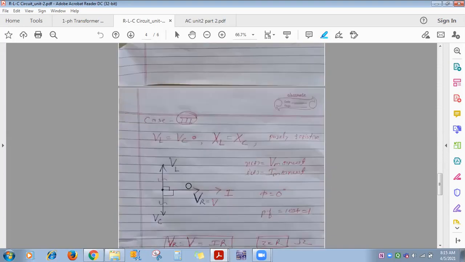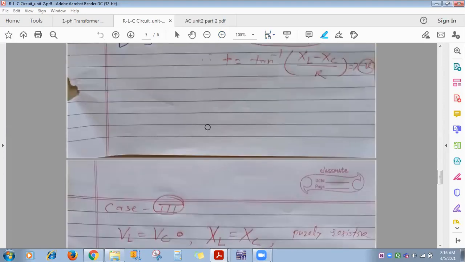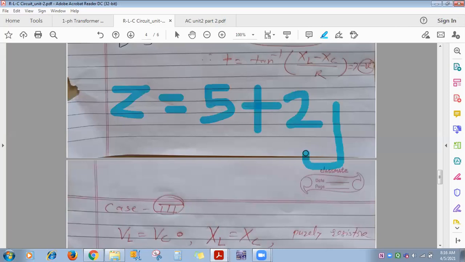So, what is the conclusion? Always keep in mind only one formula for Z: R plus j(XL minus XC). Suppose in a sum it is given that it is a series RLC circuit and the total impedance Z is 5 plus 2j.